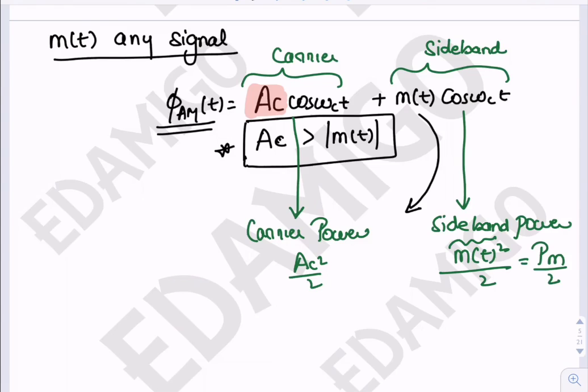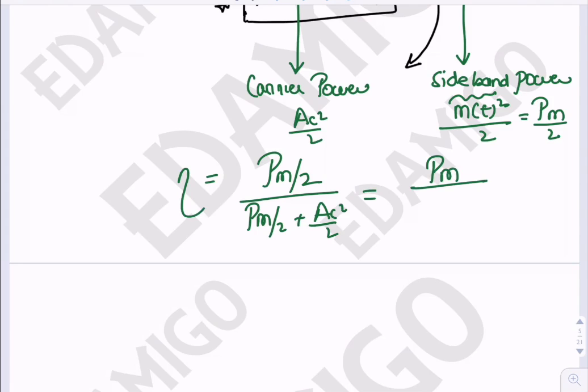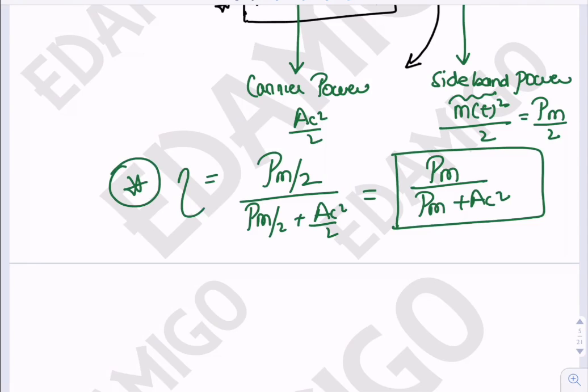So the efficiency in the general case will be the power of the mt signal divided by 2, upon the power of the mt signal divided by 2 plus the carrier power, that is the power of m divided by the power of m plus AC square. Okay, so this is the general efficiency equation for the general case.